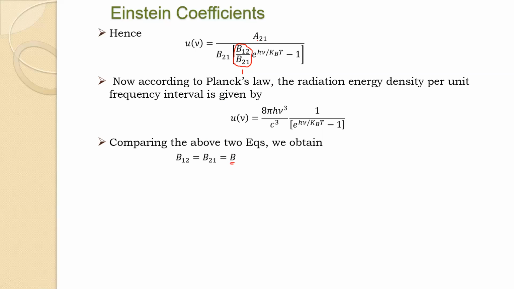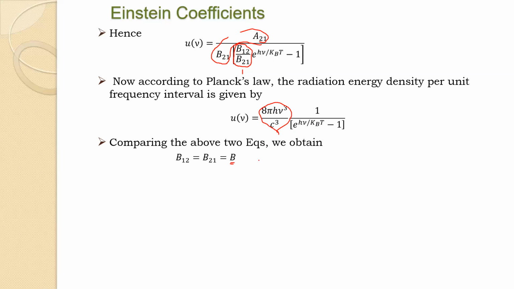And then the remaining quantity, the quantity outside the bracket, A21 divided by B21, is equal to 8 pi h nu cube divided by c cube.